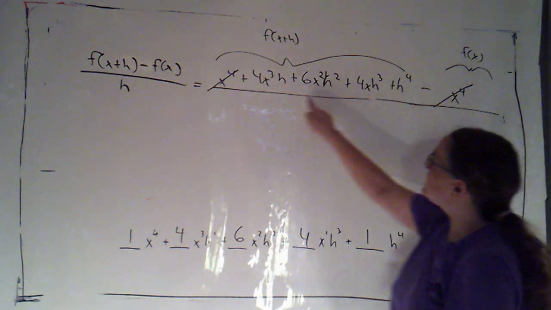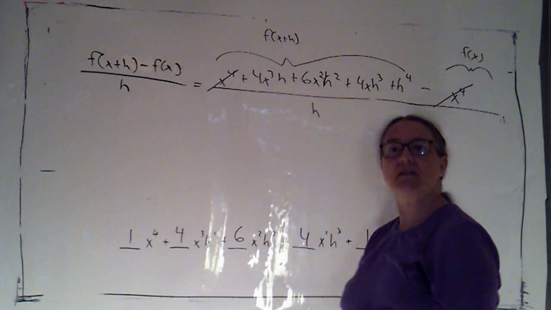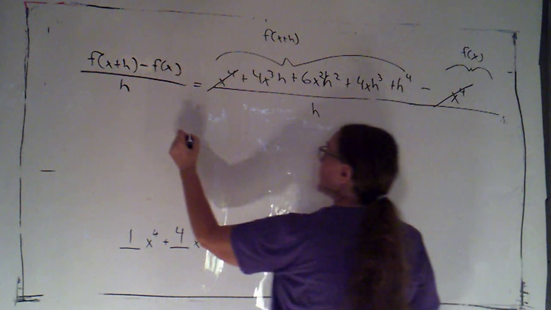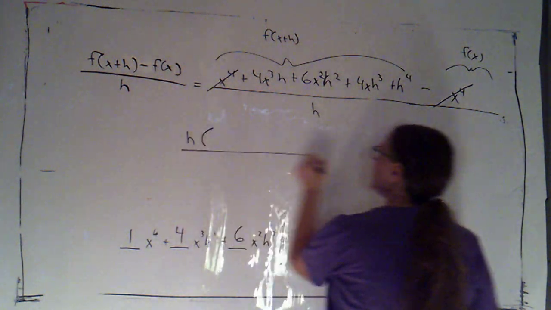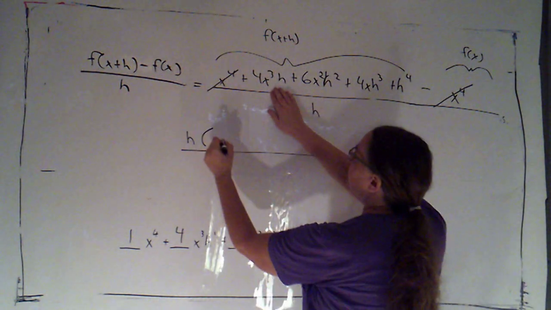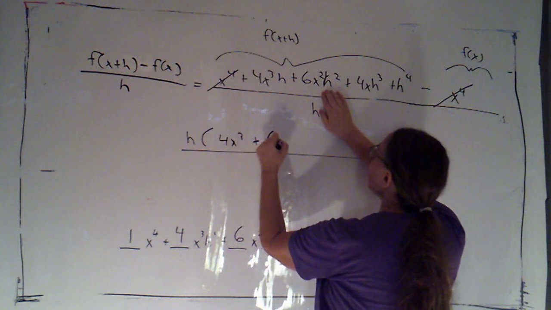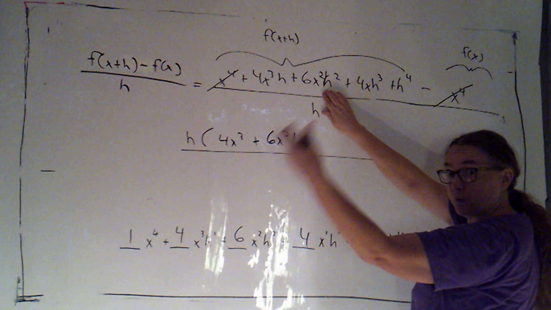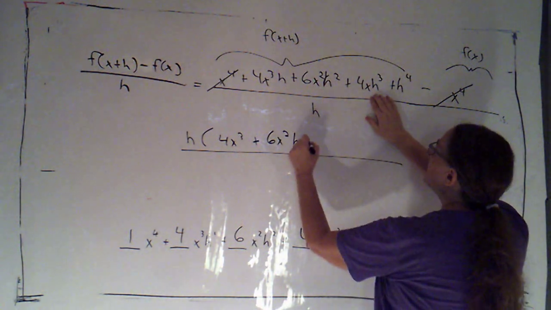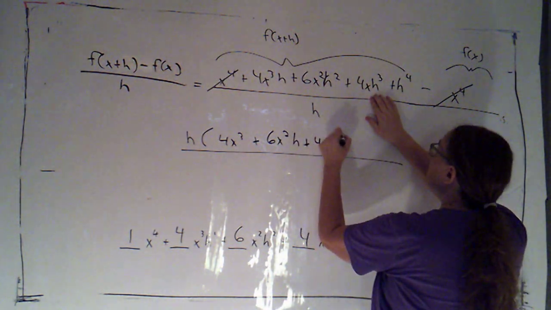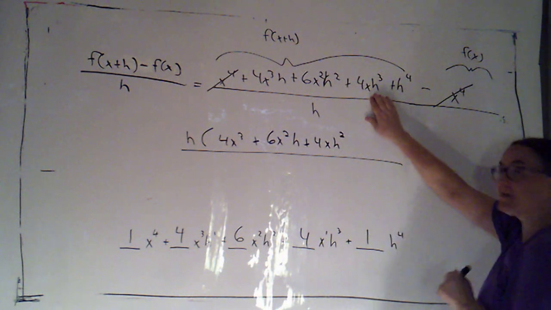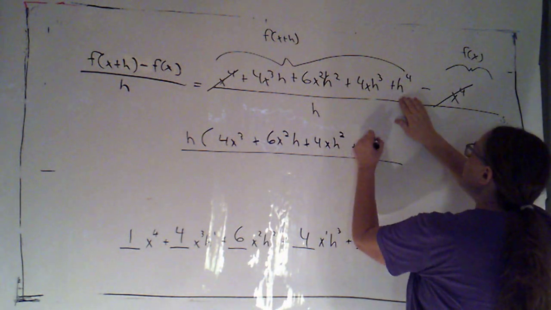And then all of these terms that are left on the top have at least one factor of h in them. So I can factor out an h on the top. That's going to leave me with 4x cubed plus 6x squared h, because I pulled one of those h's out, plus 4xh squared, again, I pulled one of those h's out, plus h cubed.